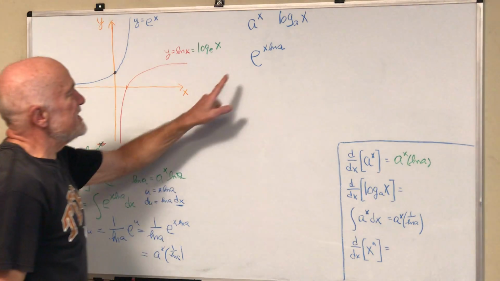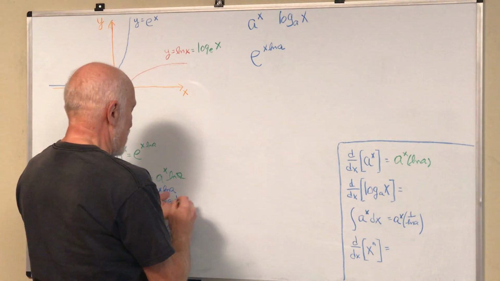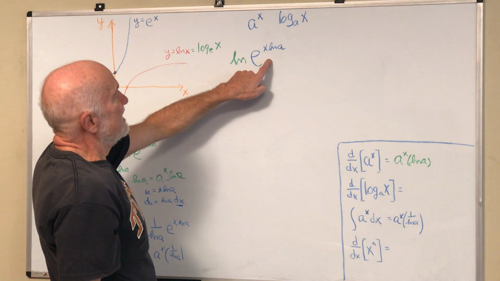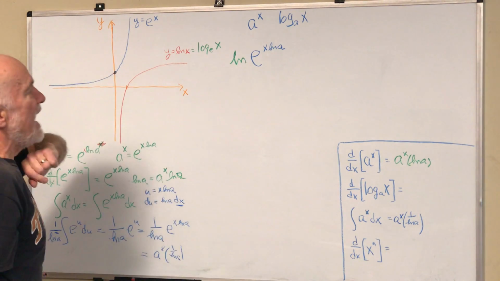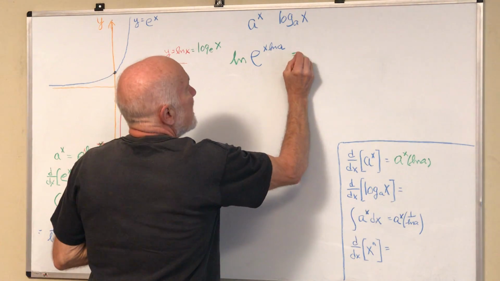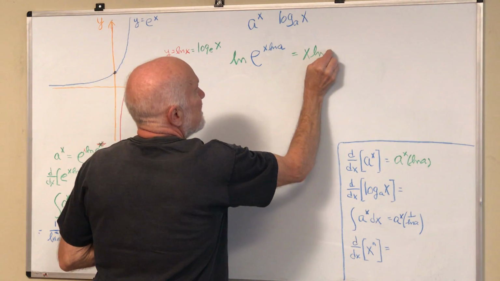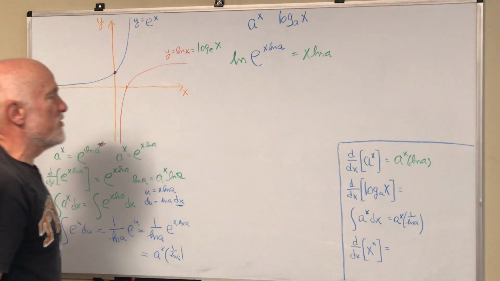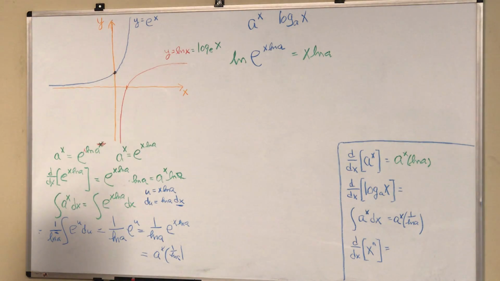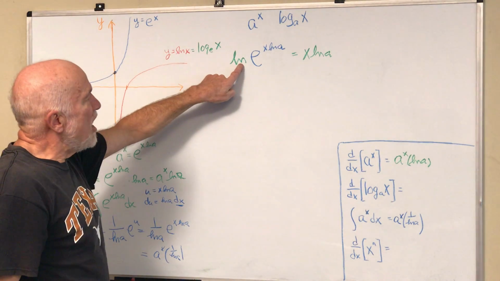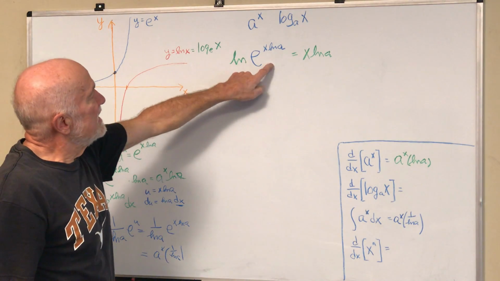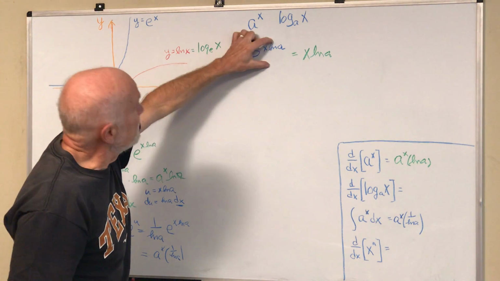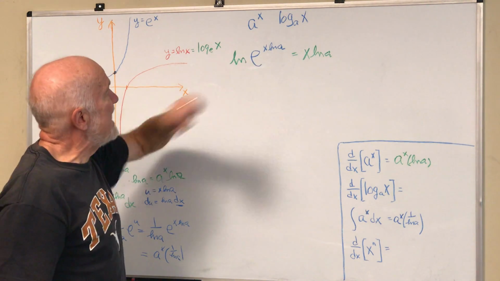So if I were to take the natural log of e to the x ln of a, I would just get x ln of a, because the natural log and e to the x are inverse functions. So the natural log isn't quite the inverse of a to the x.